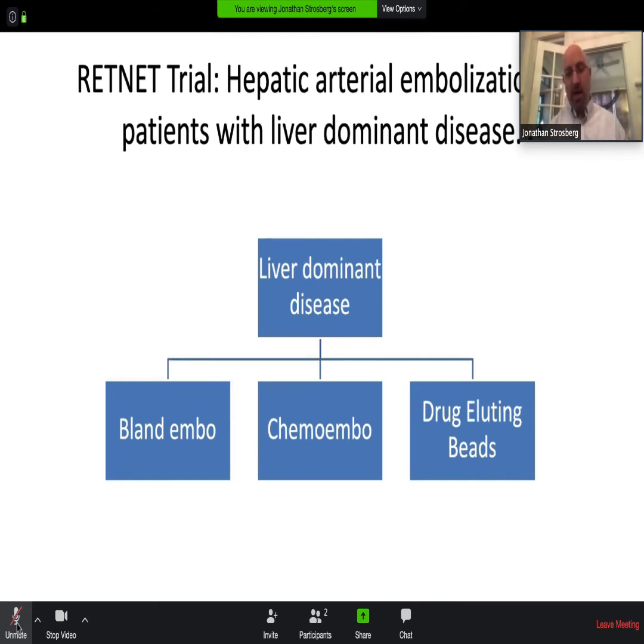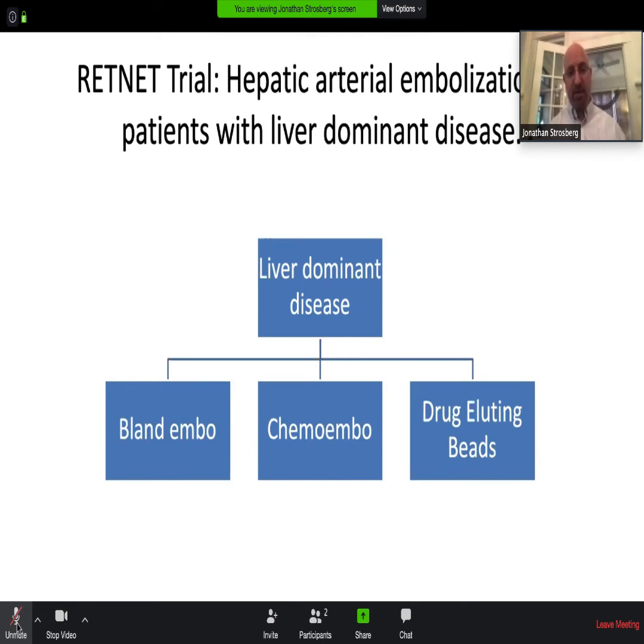So again, switching to a completely different trial, the GEP-NET trial is looking at liver embolization, hepatic arterial embolization, which is a technique that many of you are familiar with for patients with liver-dominant metastases.